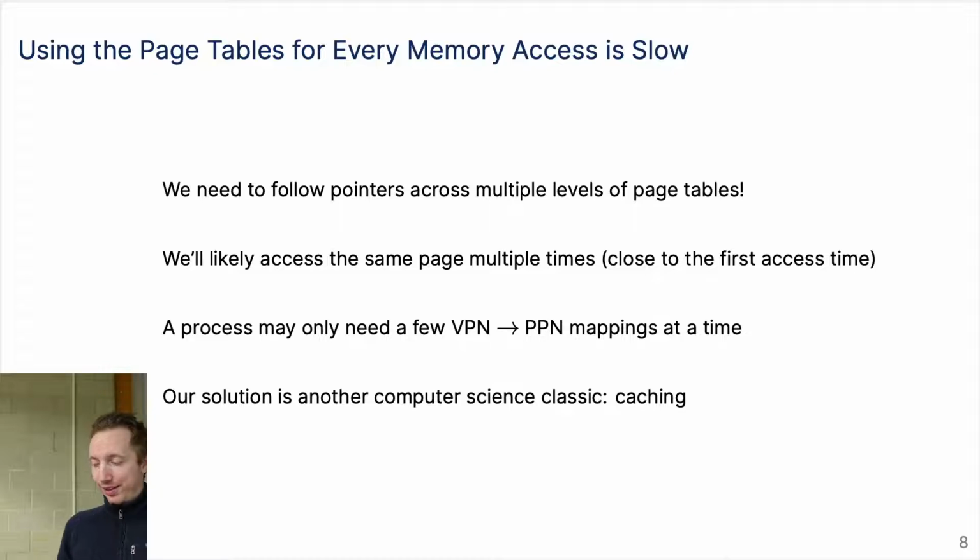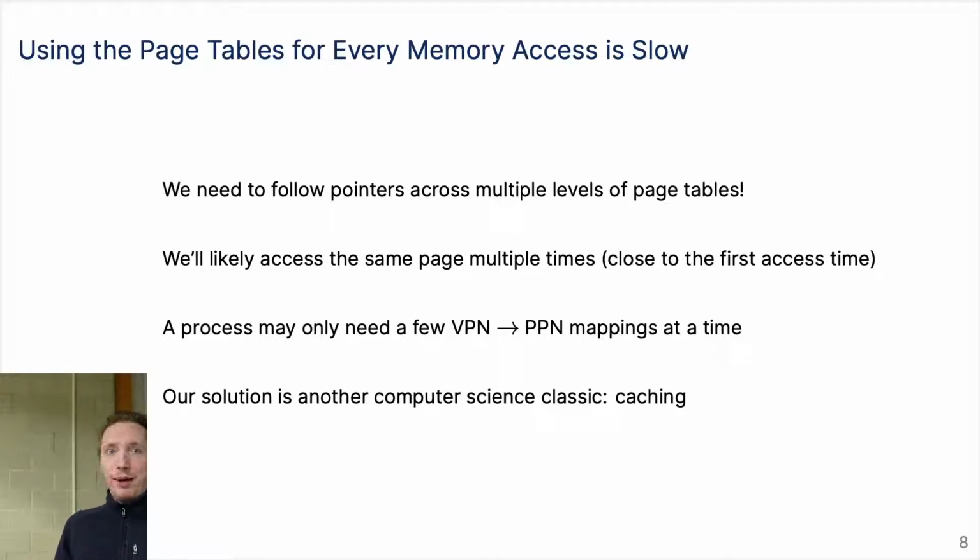So here's where using page tables for every memory access is going to be really slow, because we have to follow pointers across multiple levels of page tables. And likely you also use the same page multiple times. If you think of your C program, your stack would be on a page. So if you use one element on your stack, you're probably going to use the next element and then the one after that.